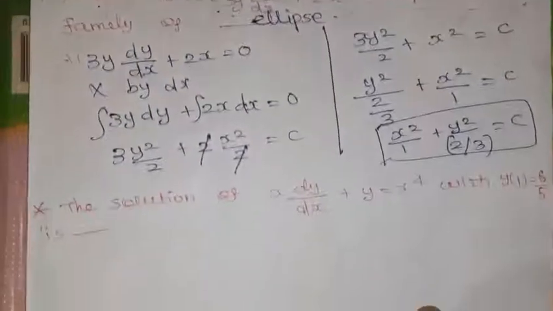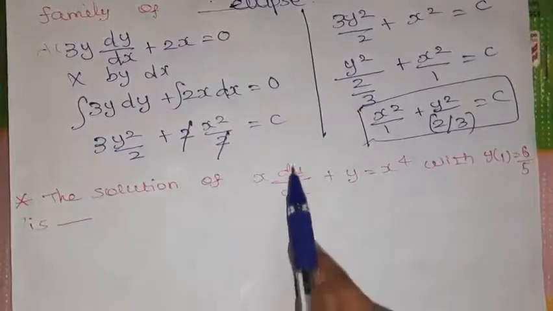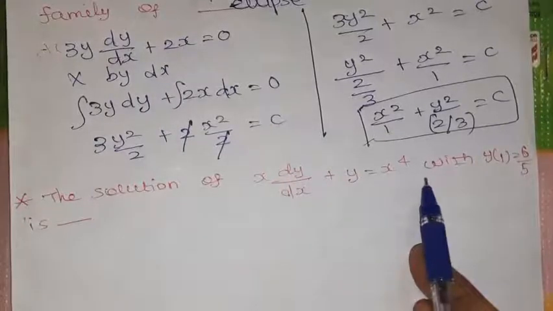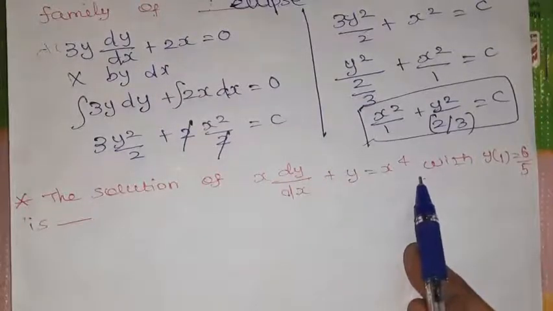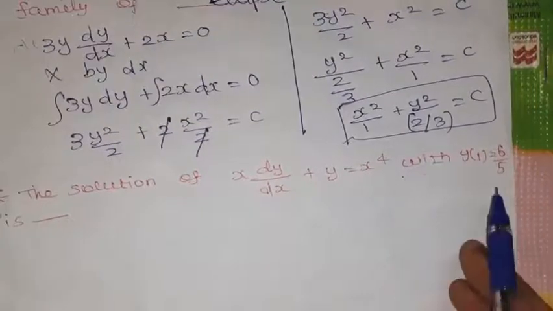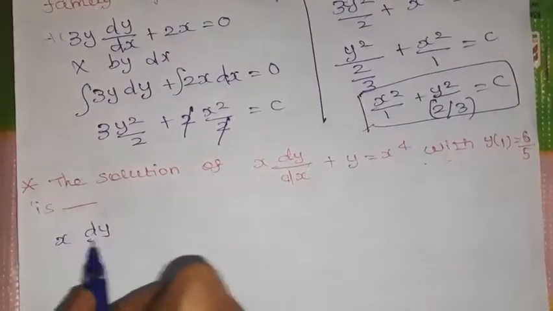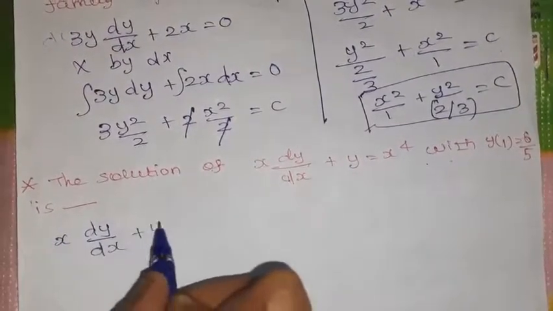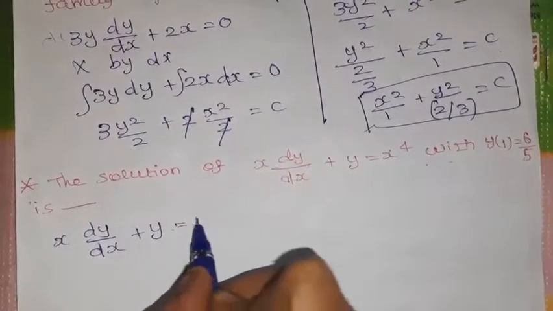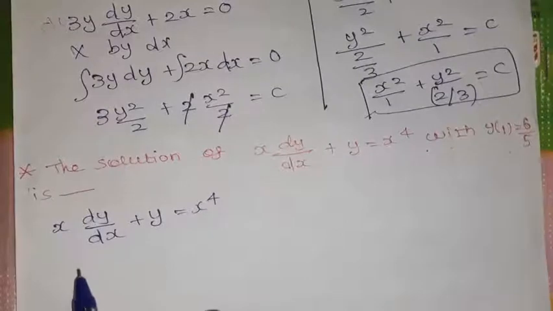Okay, next one. The solution of x dy by dx plus y equal to x power 4, with y of 1 equal to 6 by 5. So we'll solve. Given the differential equation, divide by x.